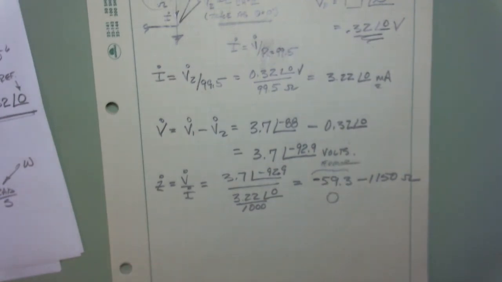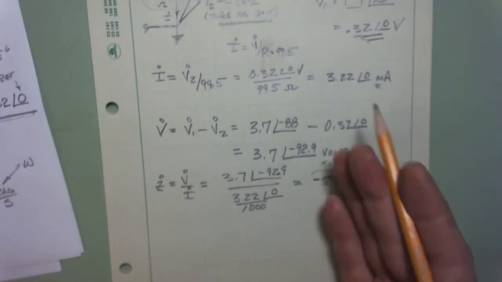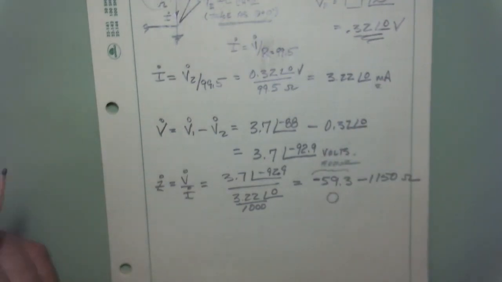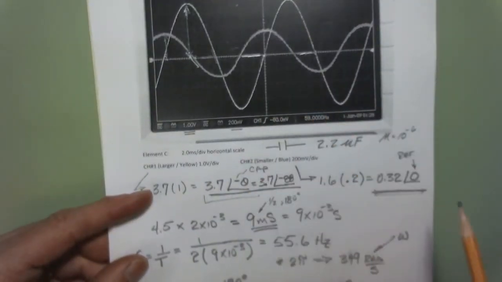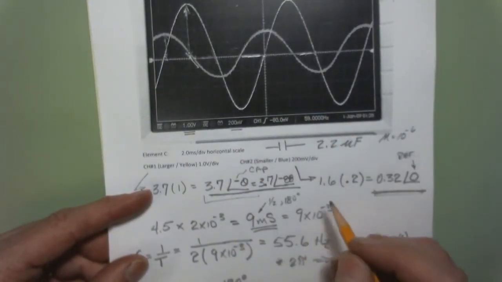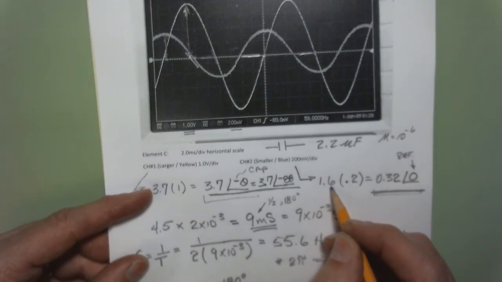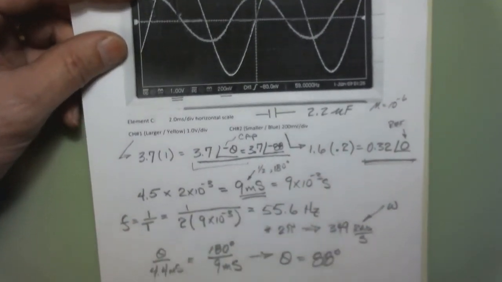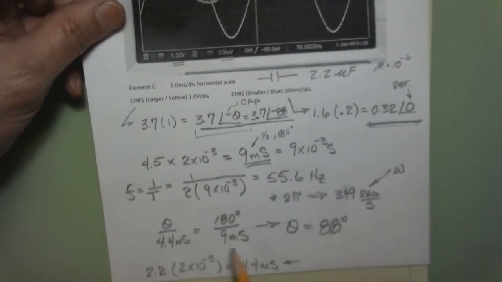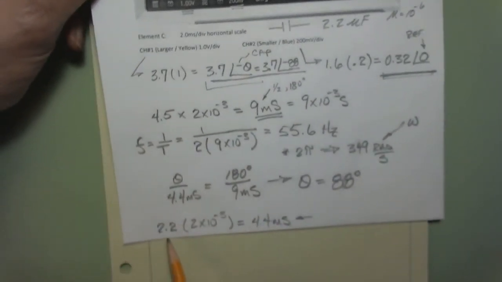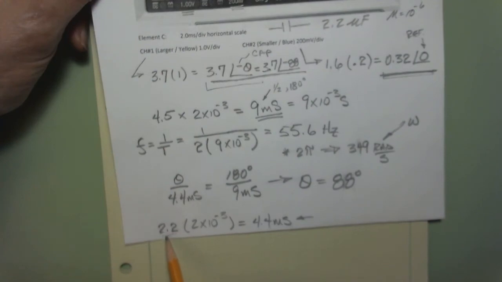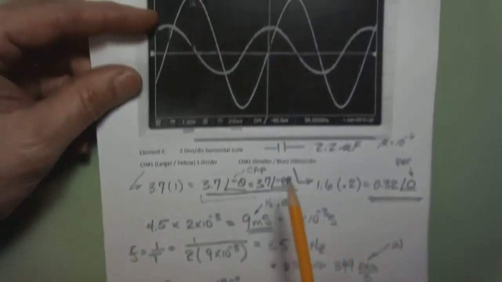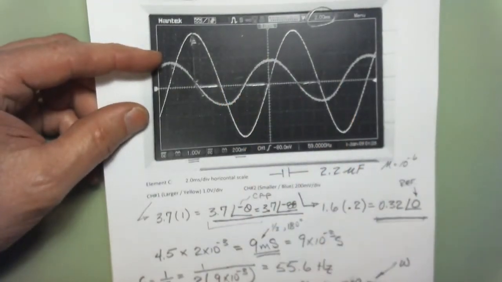There's certainly places to get error in here. Hopefully, we don't have any gross errors in our calculation. We've tried to be careful of that. But with our measurements here, whether you had a 1.6 or a 1.5 or a 1.7, whether you had this 2.2 down here, this one's probably the biggest place where you can get error in this thing. There's little places where you can get errors reading off of these graphs.